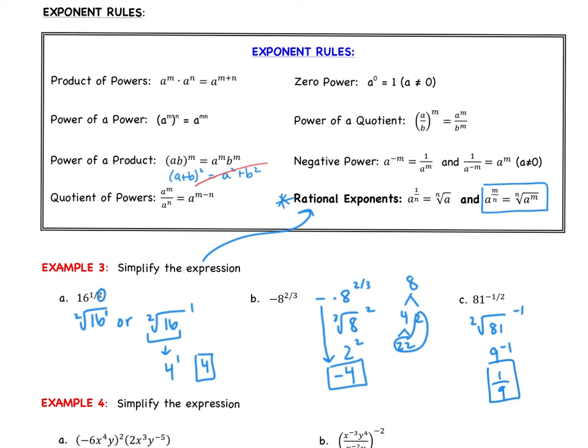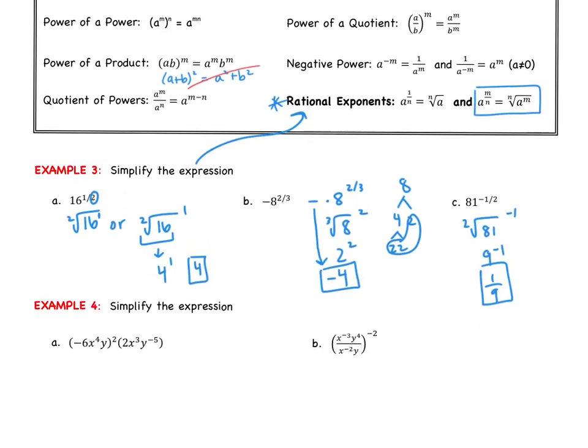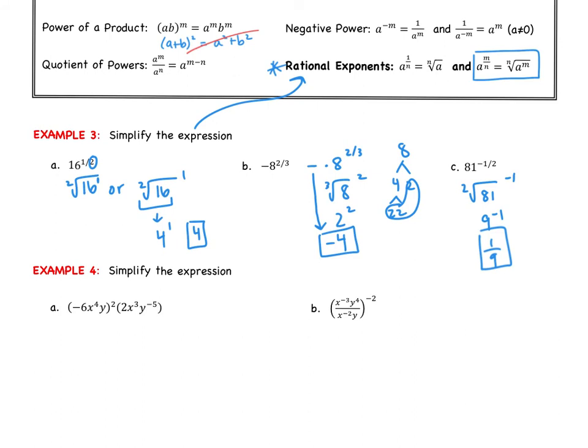Okay, one quick note that I think will help you on your homework, so you might want to write this down. If you have a fraction like this, let's say, -1/2, this negative can go with the 1 or with the 2.